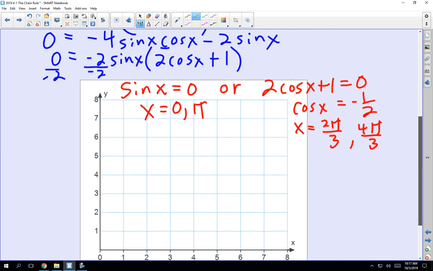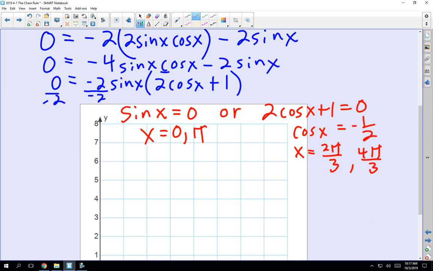I put a graph up here just in case we wanted to graph it. Do you have a picture in your mind of what this original function looks like? Can you draw it in the air? That's not terrible. So we're finding from 0 to 2 pi all the places where it has a tangent line with a slope of 0, and that's also representative of all the relative maxes and mins.